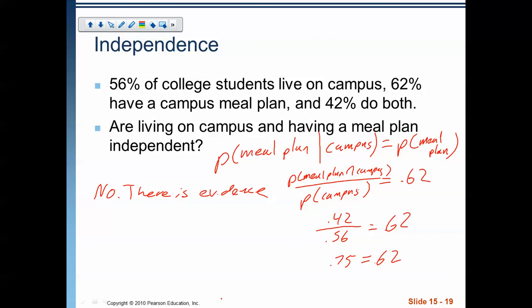We're saying no, there is evidence that living on campus influences having a meal plan.